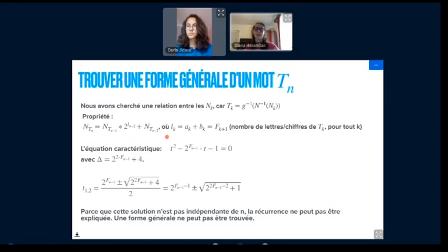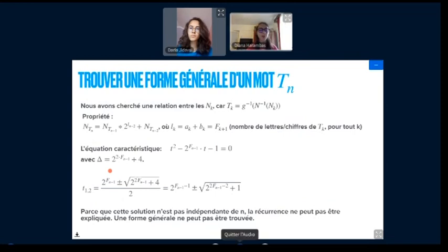It may seem a little complicated, so we decided to try to find another recurrence relation that can be easier by attaching the characteristic equation, which is this one, with the discriminant equal to 2 at the power of the n-1 Fibonacci plus 4.